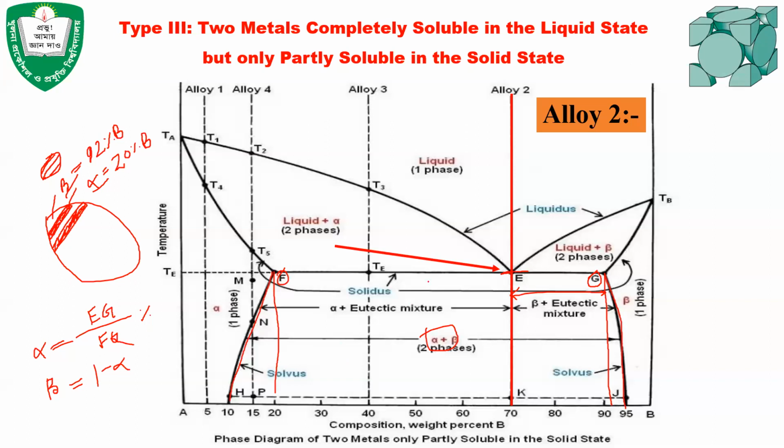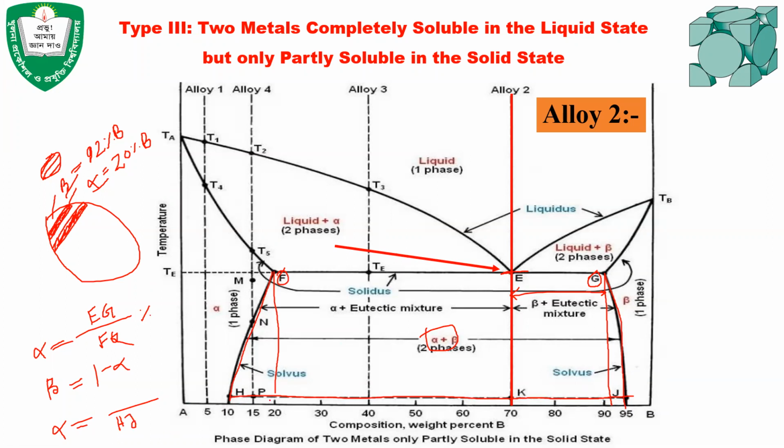Now, when the temperature drops, since the composition changes, the amount of alpha and beta will also change. For example, if you want to find out the percentage of alpha and beta at room temperature, this line indicates the room temperature, from H to J. So how can we find out alpha?